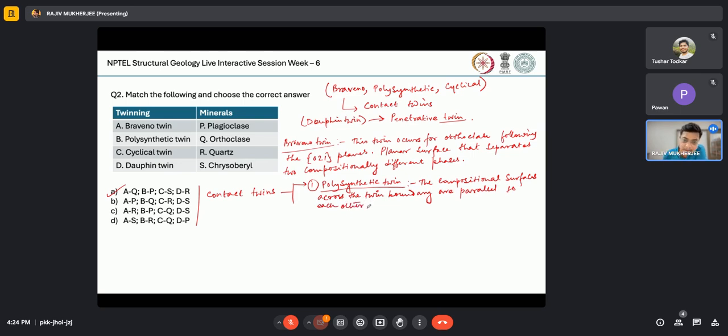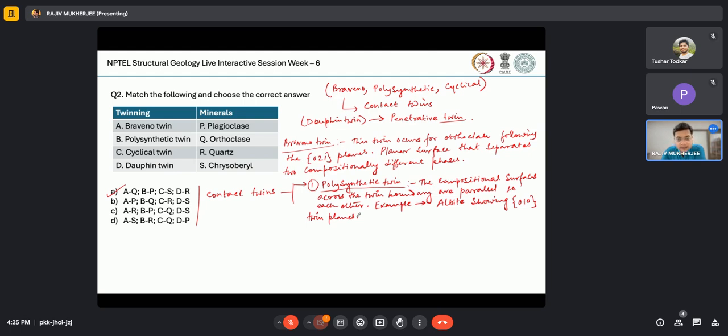And one such example is albite, showing 010 twin planes. That means for albite, the twin plane will be perpendicular to the B axis of the crystal. And this twin is known as the albite twin law.